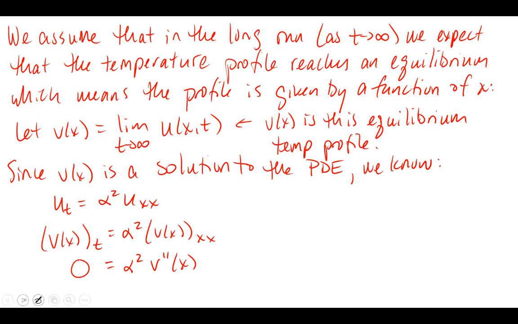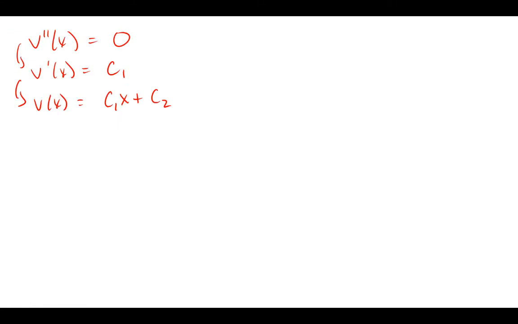What does this say? The temperature in the long run is going to just look like a line. It's just the equation of a line. Now that's not the solution.